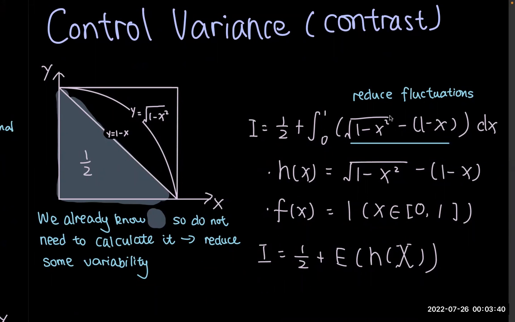And the fluctuation for the difference is reasonably small compared to the fluctuation of this whole curve over this height, right? The height of this curve. So you have a contrast or some cancellation, and then again, f of x is 1 for the uniform distribution.